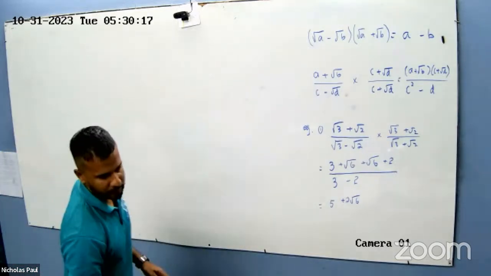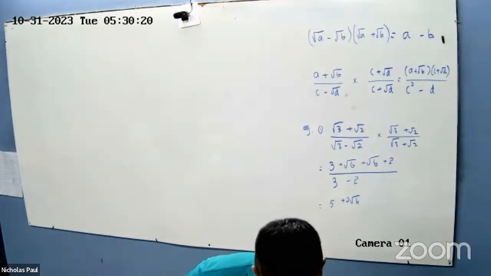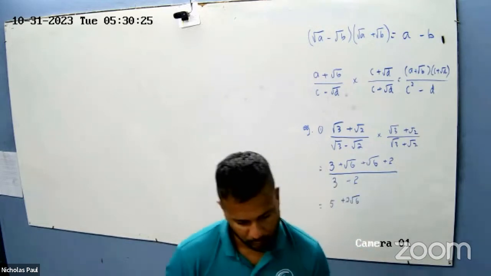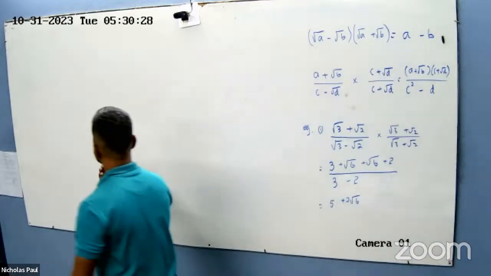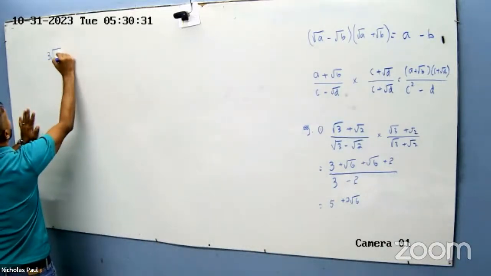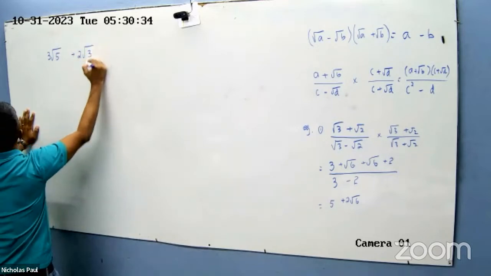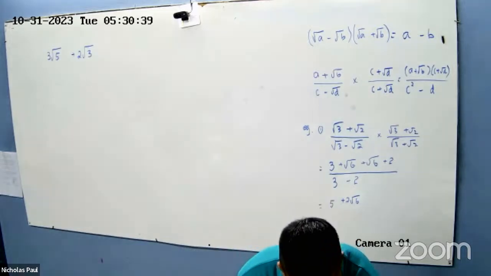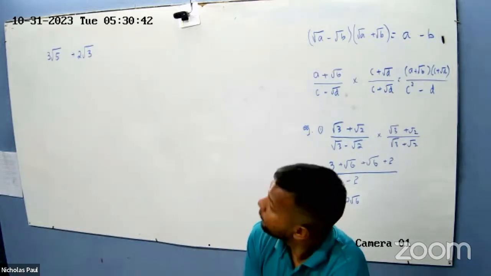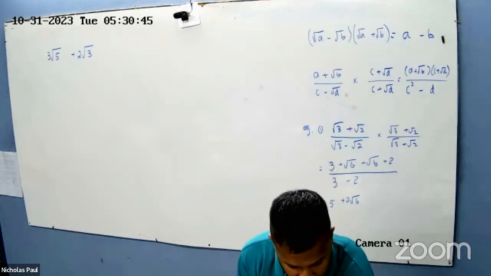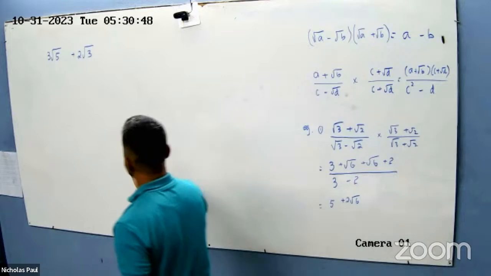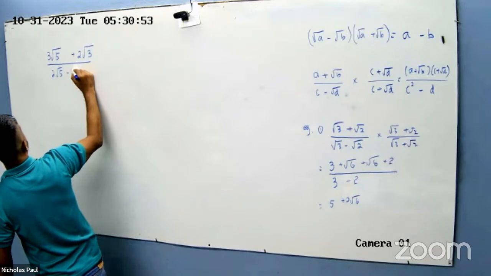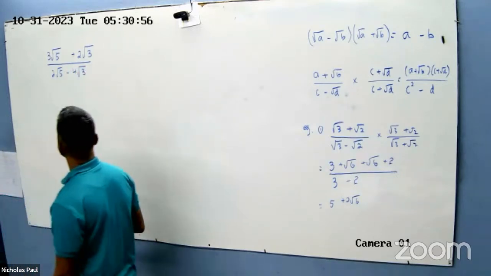Let's do our next one, right? Three root 5 plus 2 root 3, all over 2 root 5 minus 4 root 3.